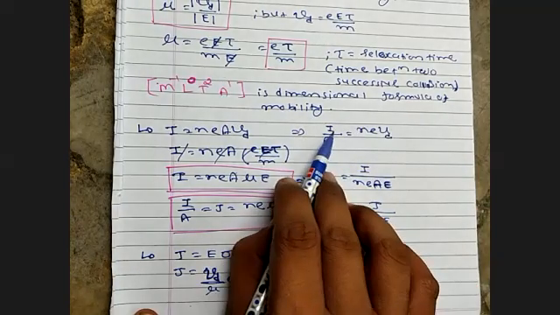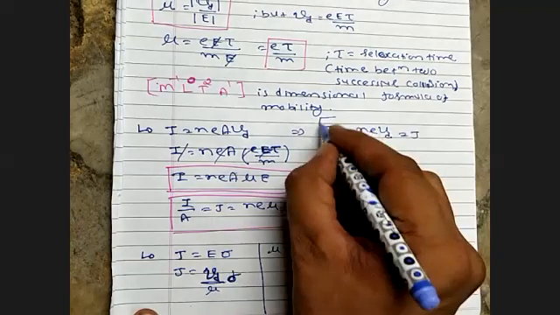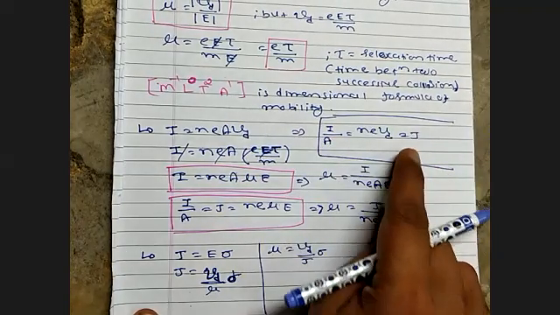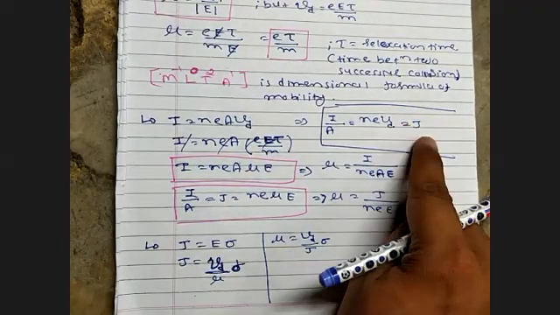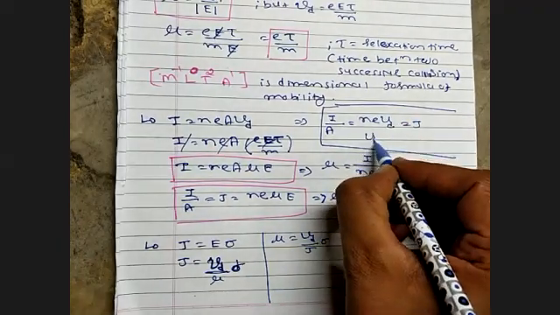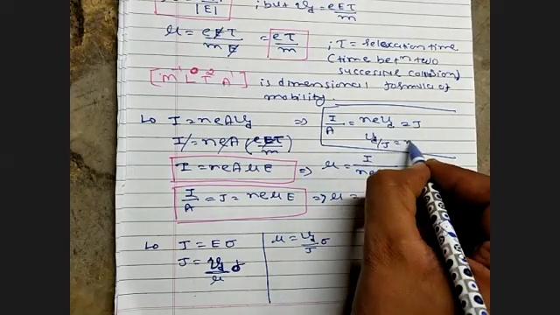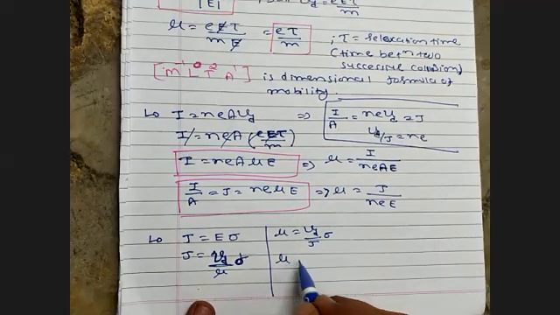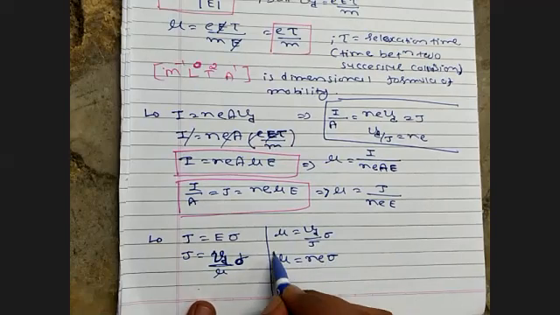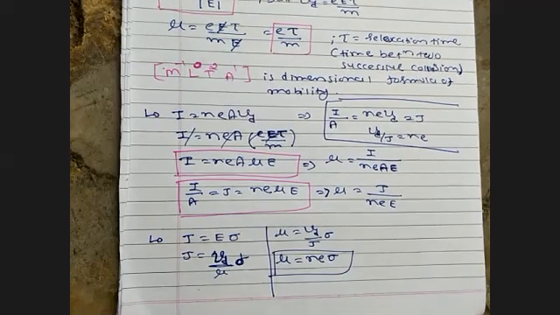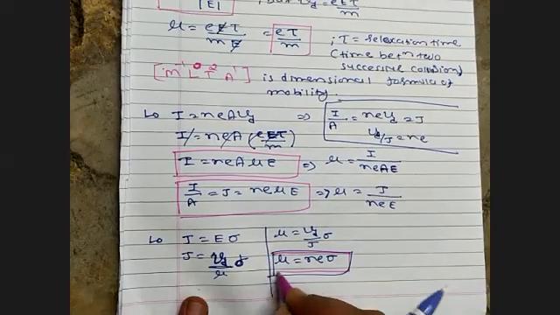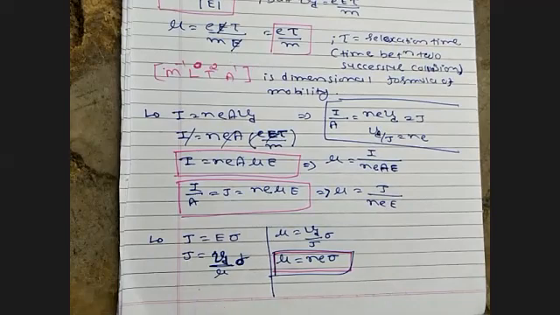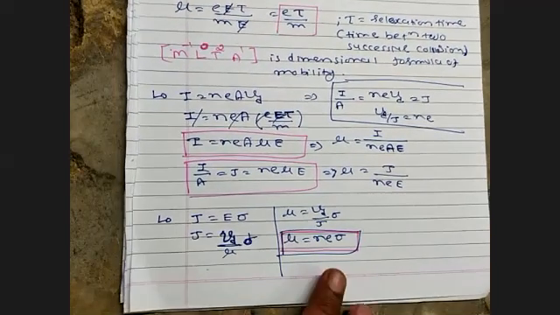So J is equal to N E VD, so VD by J is equal to NE. So put it over here: mu is equal to N E sigma. That is another equation. Mu is equal to N E sigma.